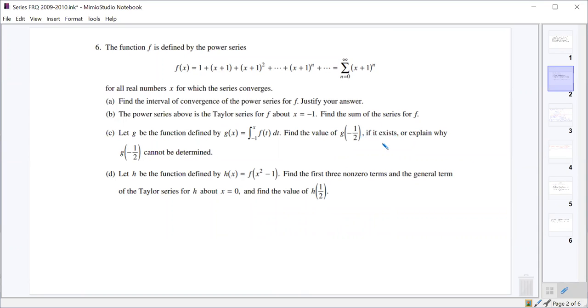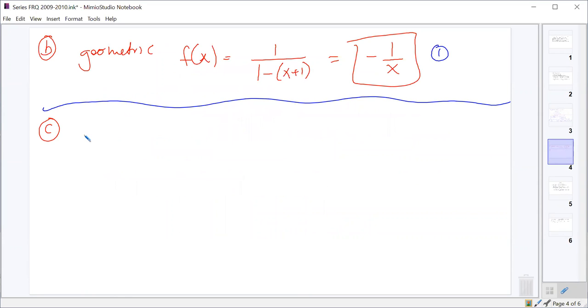Well, if we're looking for g of -1/2, and this is our function, all we need to do is integrate our value from part B. So if g of x equals the integral from -1 to x of f of t dt, as we should, we can put in -1 over t into that. So this is -1 to x. I'm writing f again. -1 over t dt.